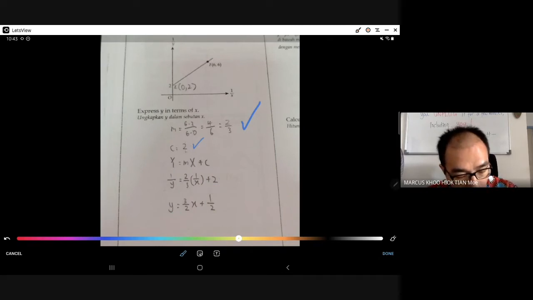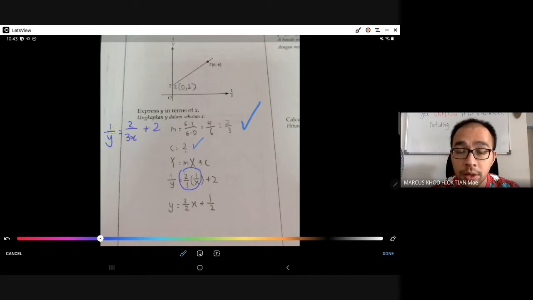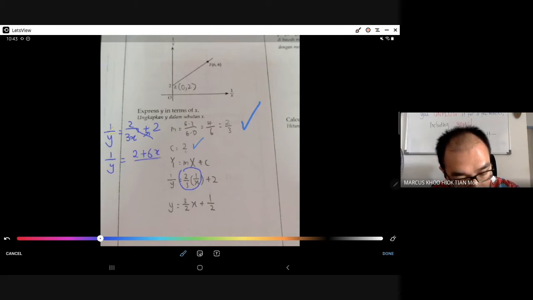So 1 over y equals to, I'm going to combine these two, 2 over 3x plus 2. And then after that I cross multiply, so that it becomes 1 over y equals to 2 plus 6x over 3x. Like when we do fractions.